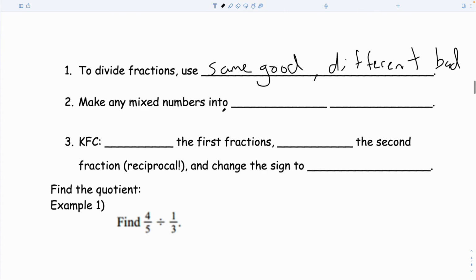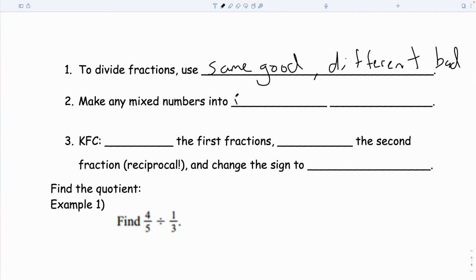Make any mixed numbers into improper fractions. Then you're going to follow the steps from the last 2 days. KFC: keep the first fraction, flip the second fraction, that's the refliprical, and change the sign to multiplication.